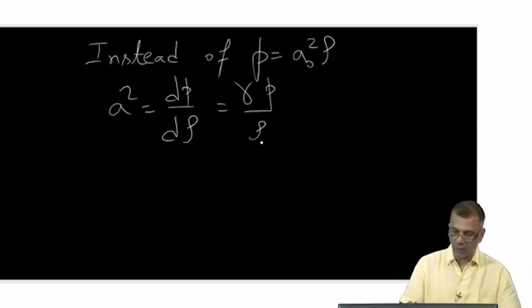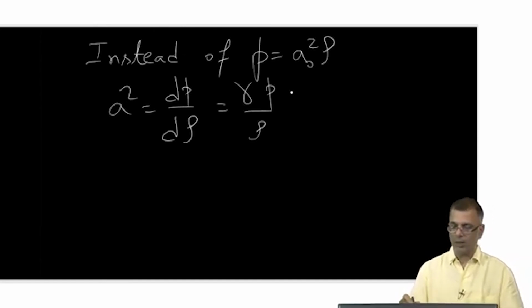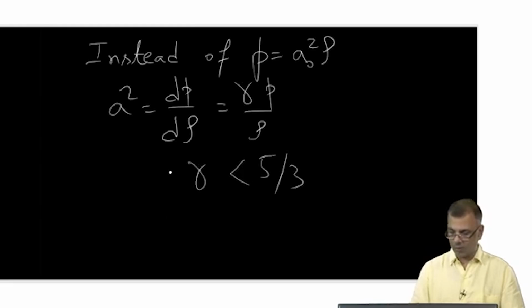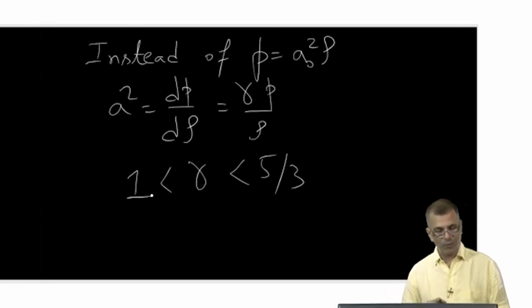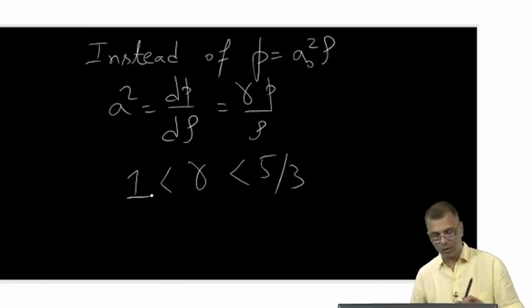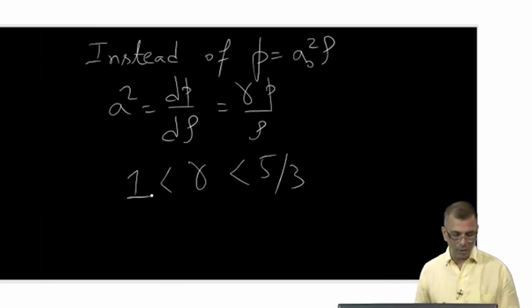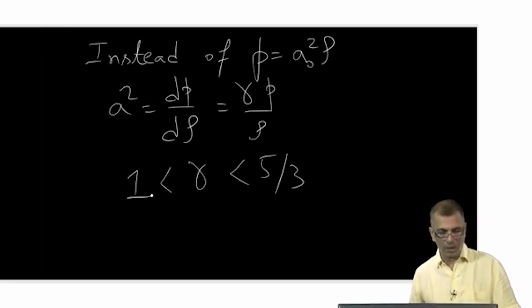This would be a new definition of sound speed, where the gamma can be between 1 and 5/3. And then one goes through the entire derivation just like that, no difference. I am not going to reproduce all the calculations, but the net result is a graph that looks something like this.